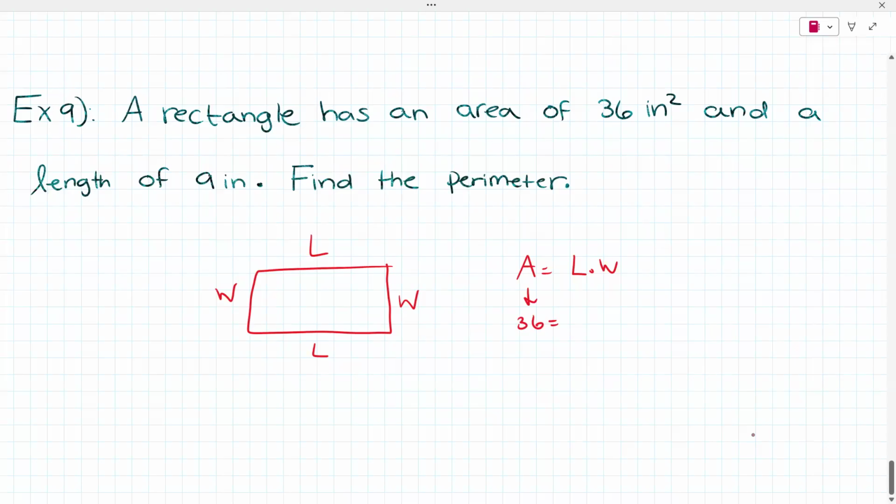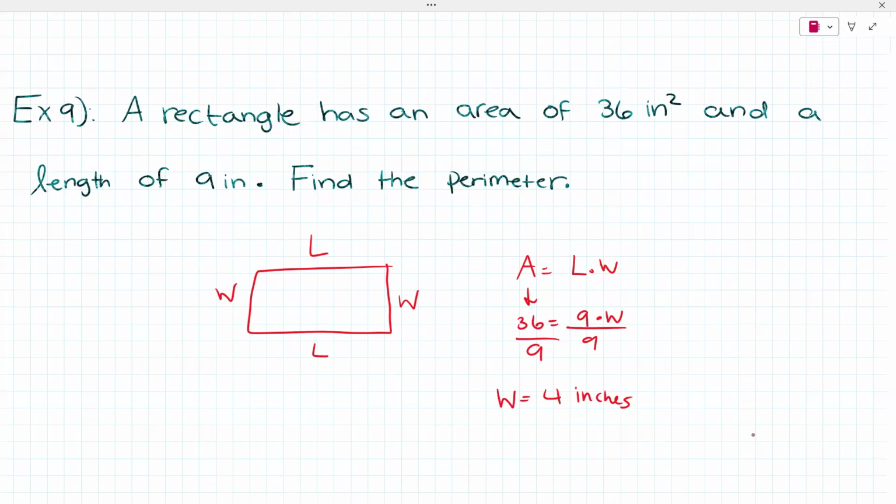And then they're saying that the length is 9, but we don't know our W. So solve for W, divide this by 9. You get 36 divided by 9 is 4. Okay, if W is 4 inches, what else do we know? What are they asking?